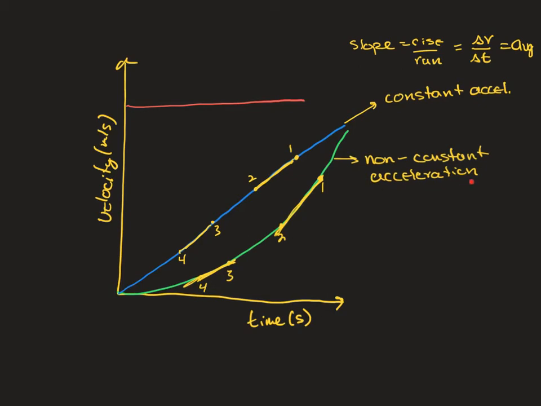Versus non-constant acceleration, where the number of meters you're increasing per second is not always the same value. So it's the rate at which that velocity changes that is affected. They both lead to the velocity either increasing or decreasing with time. It's just whether or not that rate is constant or not.